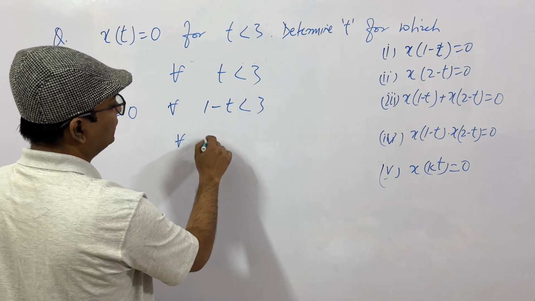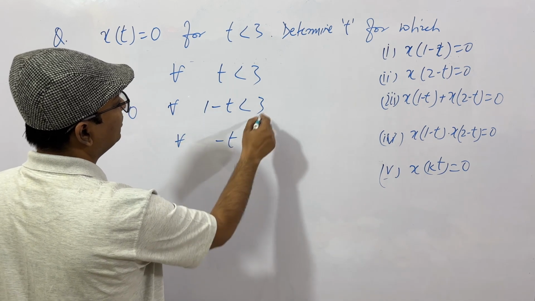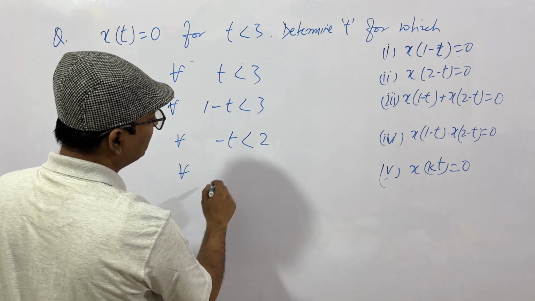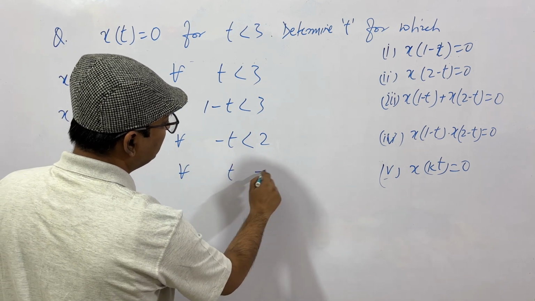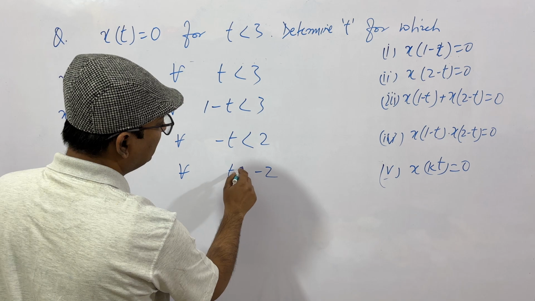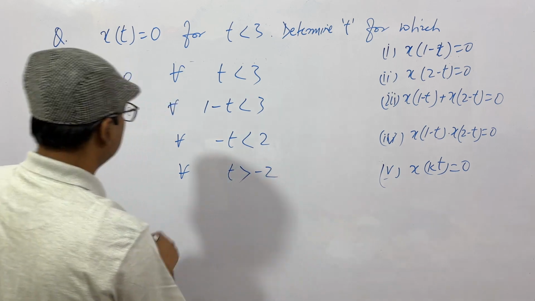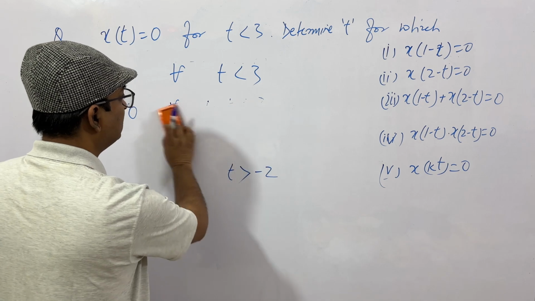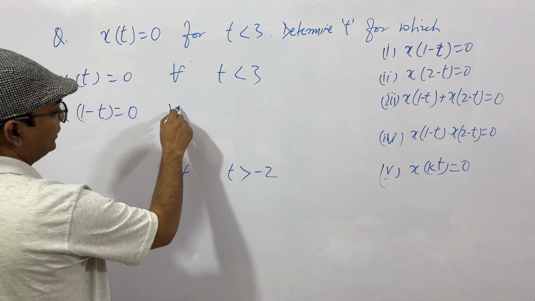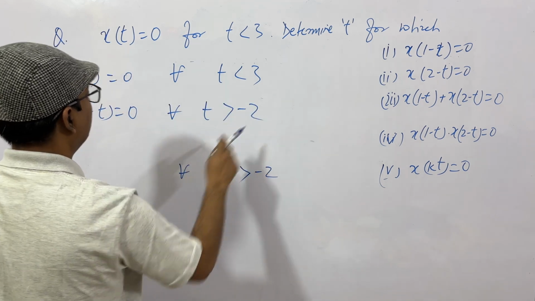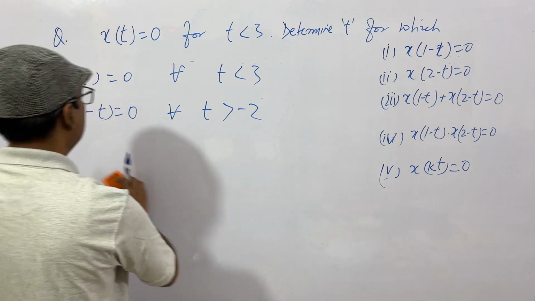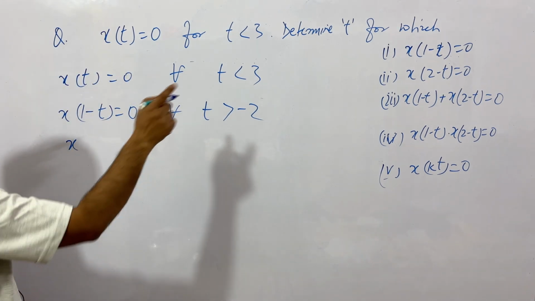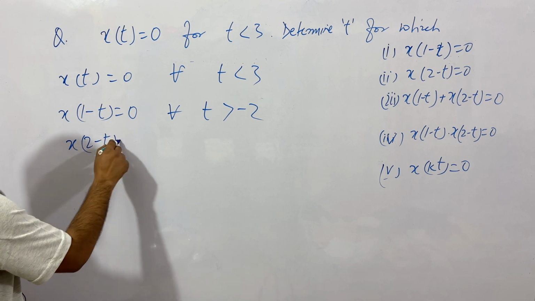So, minus t is less than 3 minus 1, that is 2. If we multiply by minus 1, we get t greater than minus 2, as the less than sign becomes a greater than sign. So, x(1 minus t) will be 0 for t greater than minus 2.